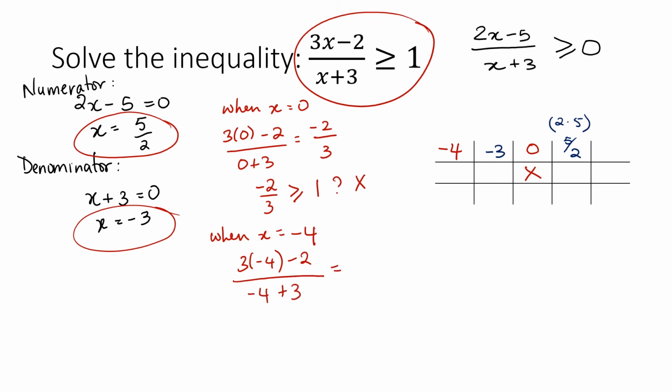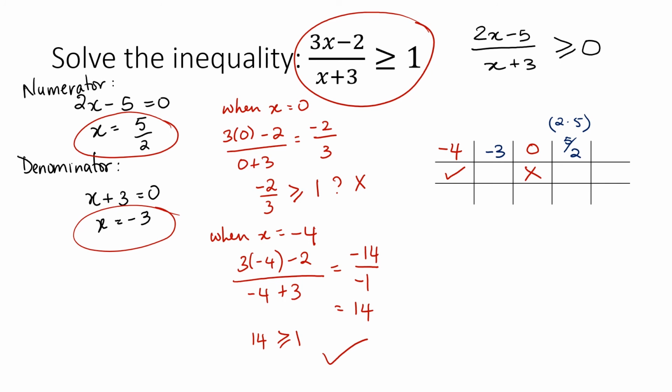So -4 times 3 is -12. -12 minus 2 is -14. And then we have -4 plus 3 is -1. So this is actually +14. So is 14 greater than or equal to 1? Yes, it is. So this one out here is true.